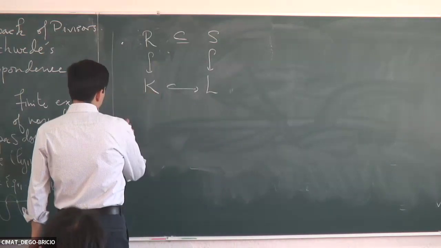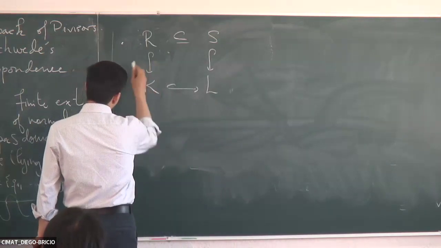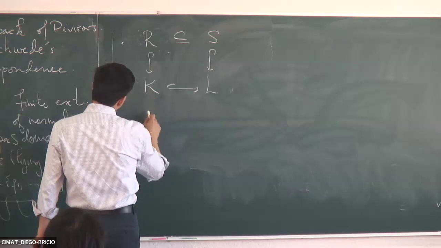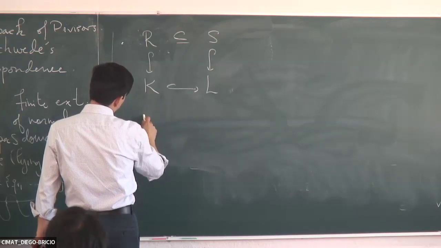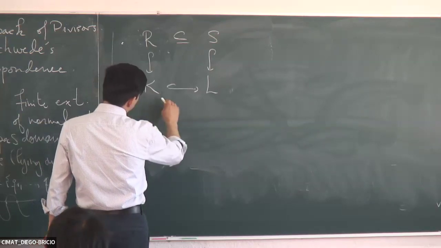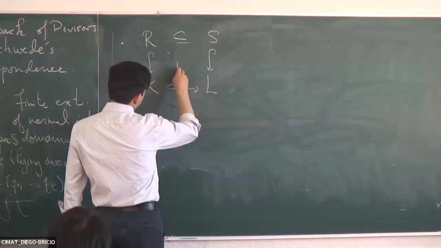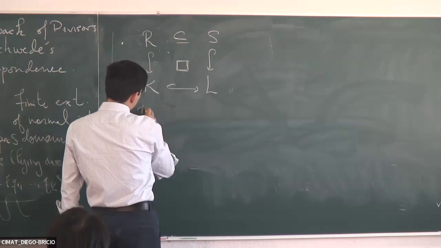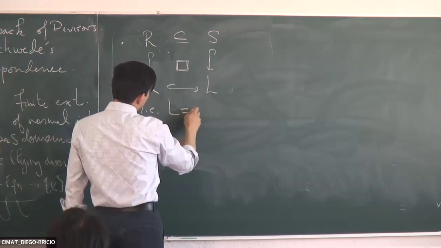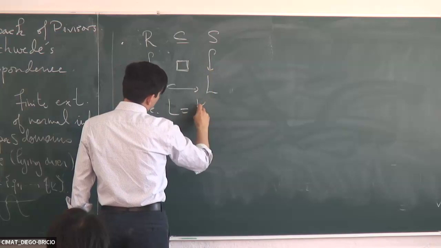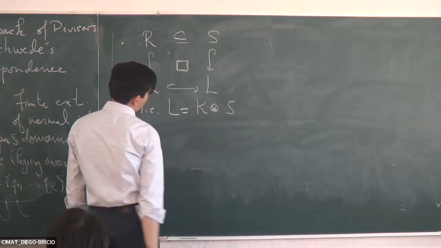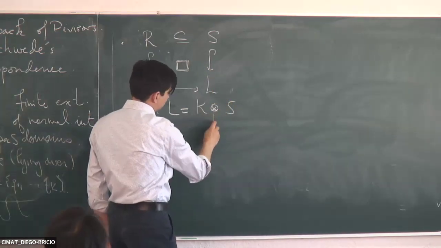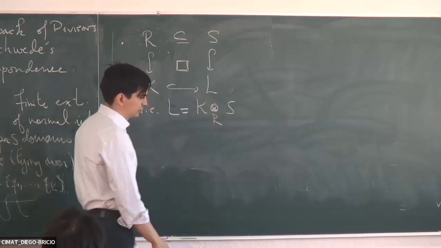Now actually, what I want to say here is that this is a fiber. This is Cartesian. I.e., L is the localization of S as an R-module over here, with the field of fractions.